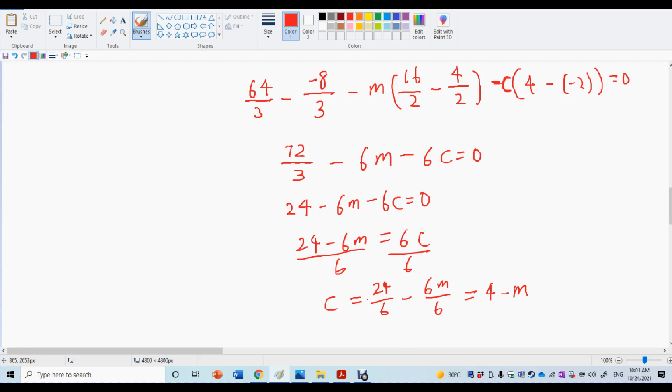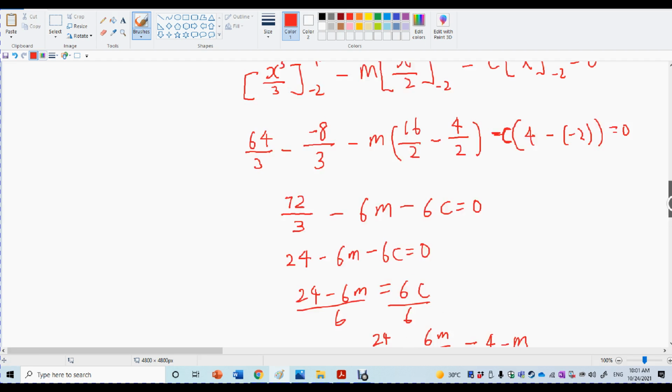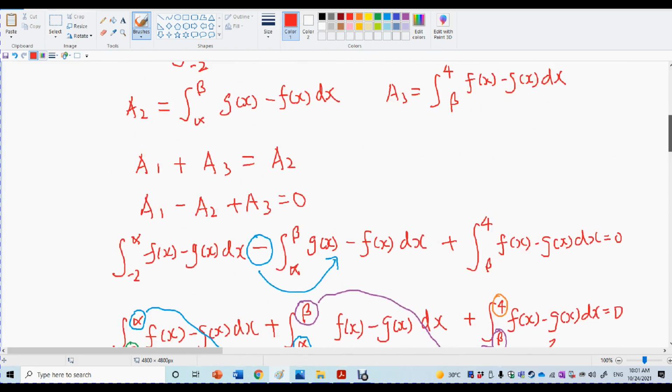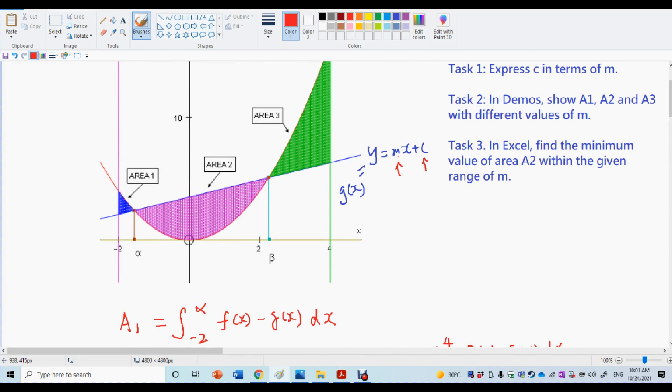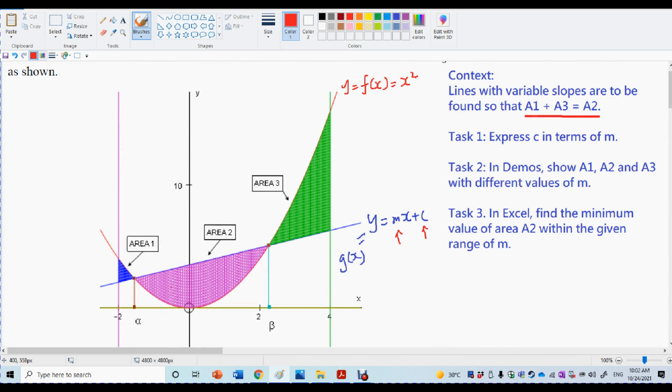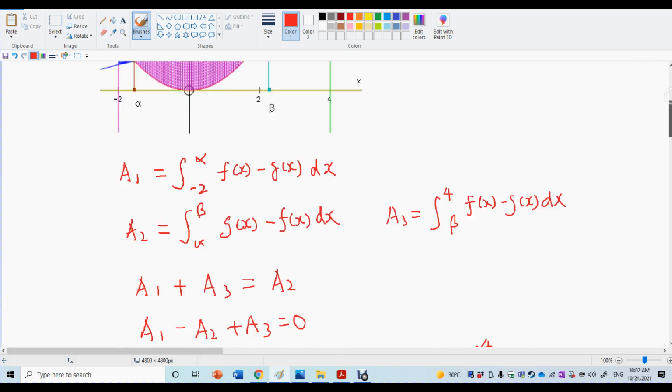That's how we get c equals 4 minus m. So what's the implication of this? If you get the straight line cutting through the curve and also get the area above the straight line equal to the area below, then c must be related to m by 4 minus m.